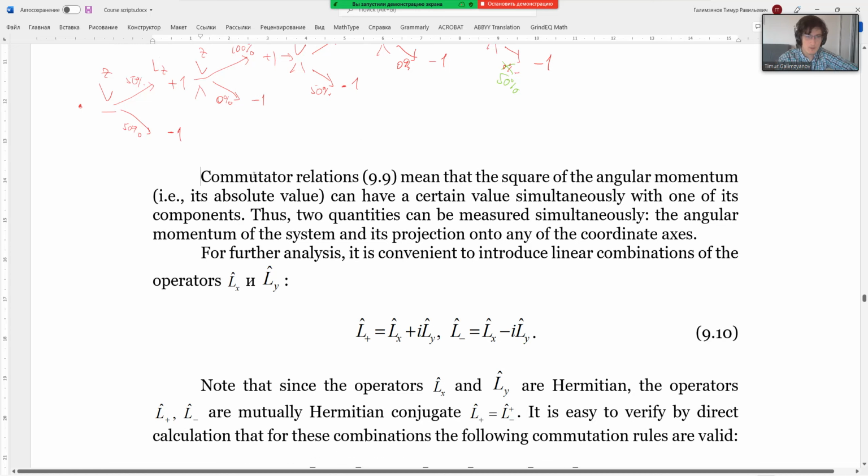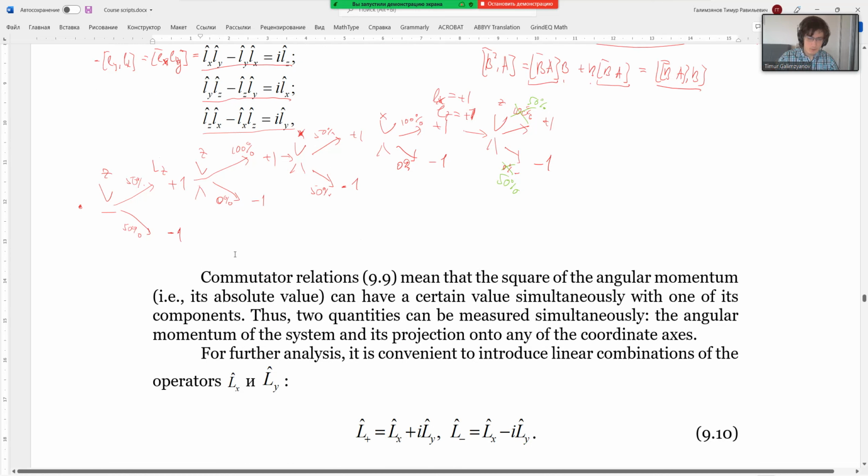Okay, let's take a break and find out. We will find out the eigenvalues and eigenstates. Let's find out the eigenvalues of the L squared operator.